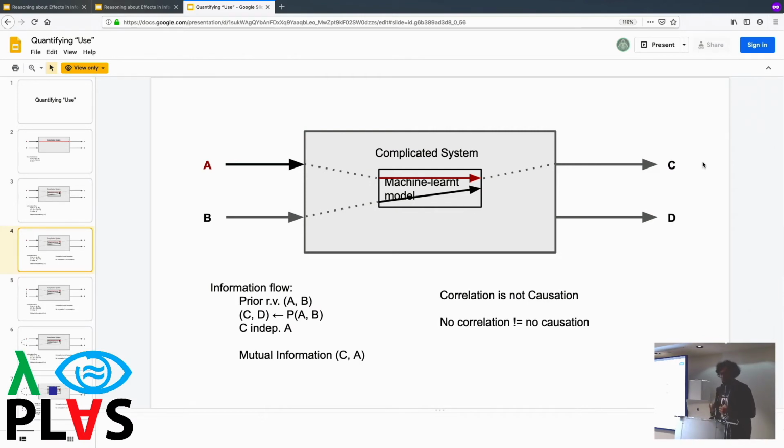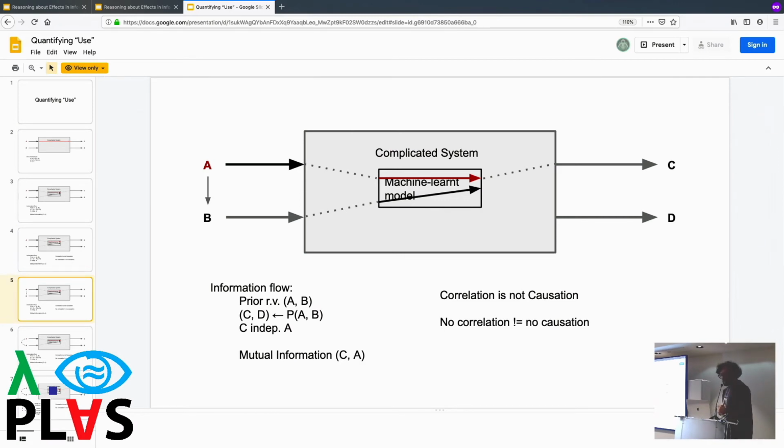Let's say we have a plain text message A, and maybe B is the key, and it gets encrypted, and C gets output as the ciphertext. We'd hope from a reasonable crypto system that C and A are not correlated, yet A was, quote unquote, used in the computation of C. So these information theoretic or quantitative information flow approaches will not completely capture this idea of use.